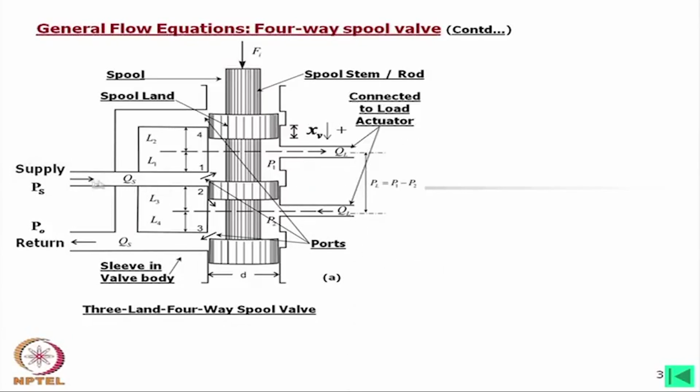Now, we have already shown that in this body there is a supply of oil, which is PS, the supply pressure, and oil is going out, that is return, with P0, the return pressure. On the other side of this sleeve, what is there? Two holes which are being connected to the load actuator.